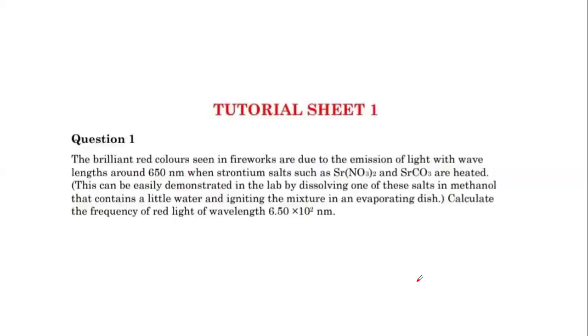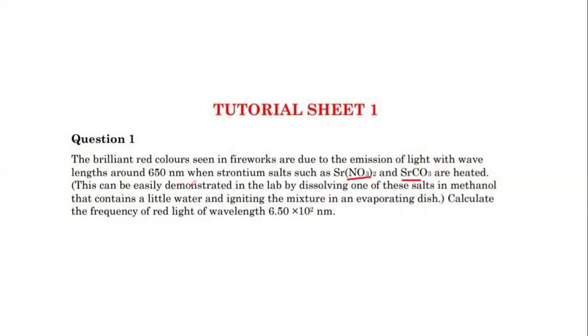So, exam sample questions. I was getting these questions from the tutorial sheets. We have the first question there from tutorial sheet 1. They are saying the brilliant red colors seen in fireworks are due to the emission of light with wavelengths around 650 nanometers when strontium salts, such as this salt here and that salt, are heated.